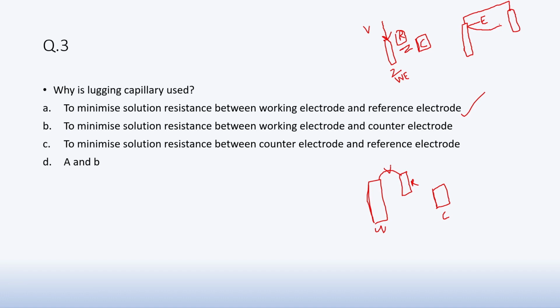When you apply a large potential, the current you obtain will also increase. So if the counter electrode was not there, all this current would pass between the working and the reference.